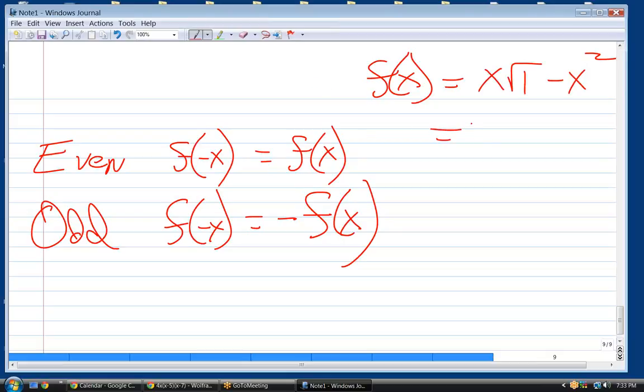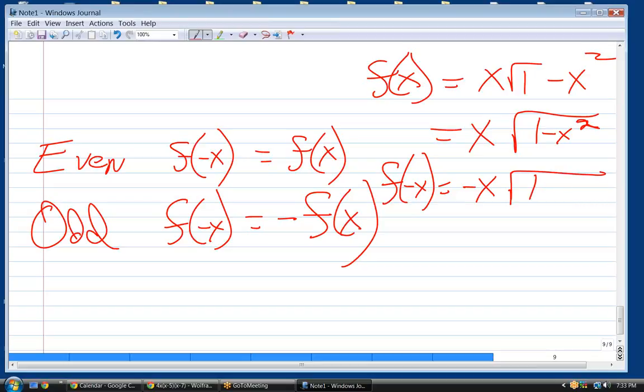So it's x times the square root of 1 minus x squared? Yeah. Okay. So what is f of minus x? Minus x times the square root of 1 minus x squared.